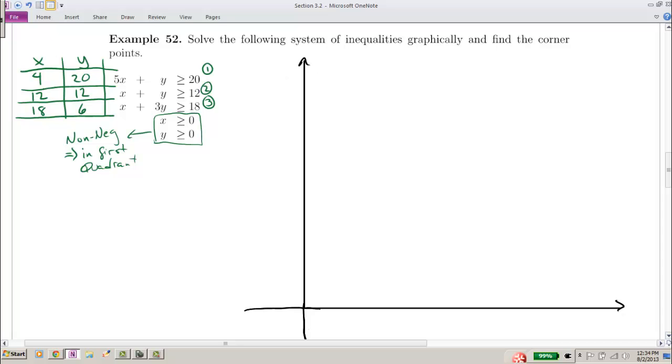So taking a look at our intercepts, it looks like it would be a good idea to draw a scale so we can go up to 20 on each axis. Neither of the x or y intercepts goes above 20. So I'm going to go up by 2s.